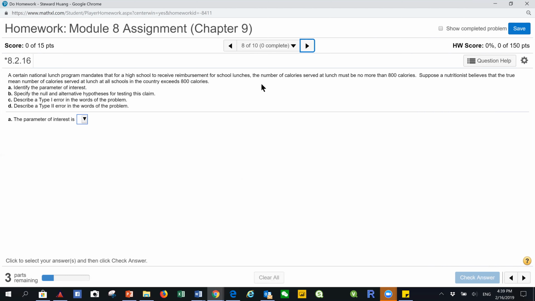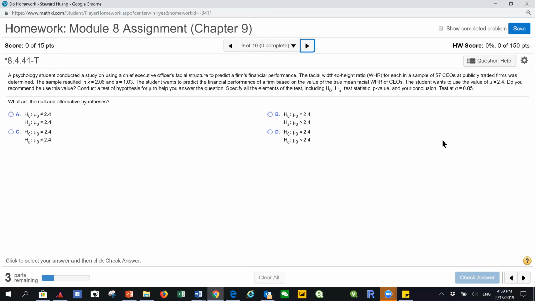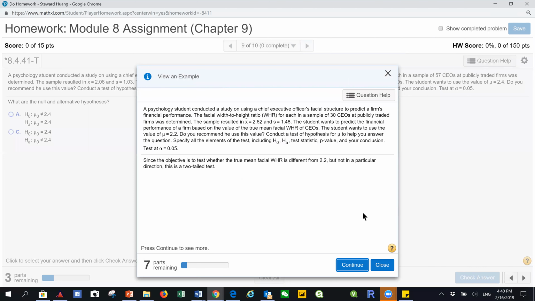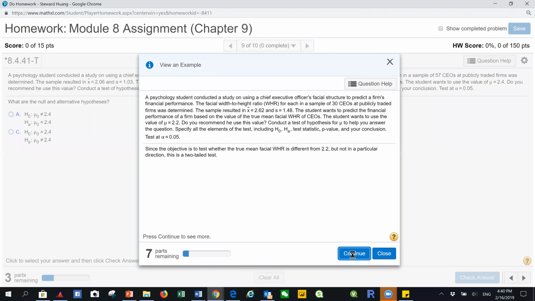I will leave this question to you, including the alternative hypothesis for the test of the claim. You read the question and you should be able to tell what to write. If still not, then view an example and it will show more details.